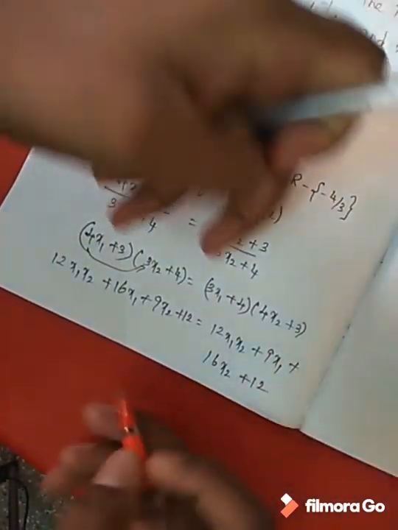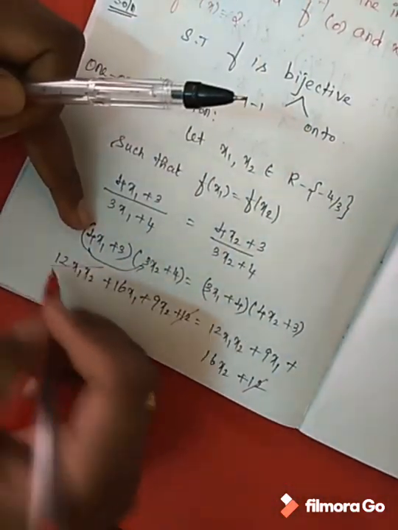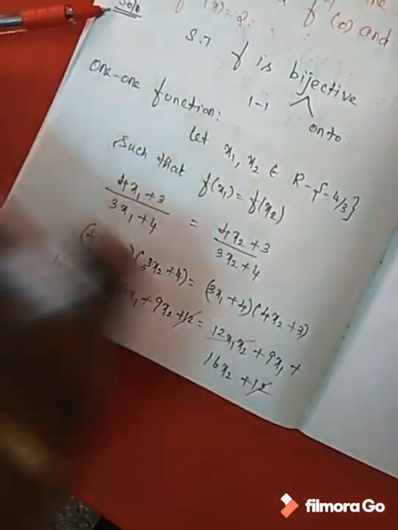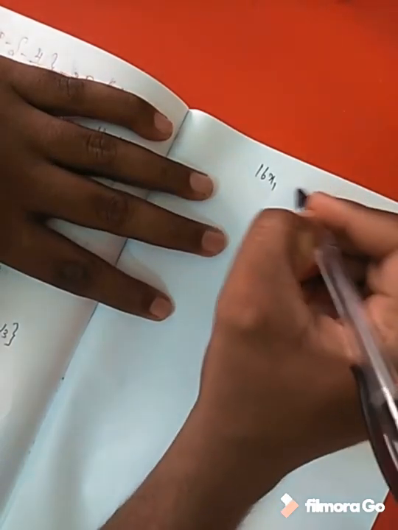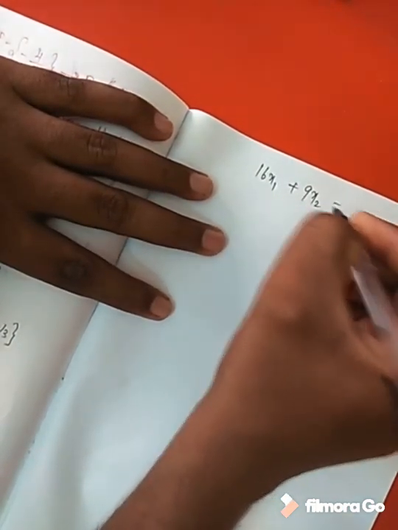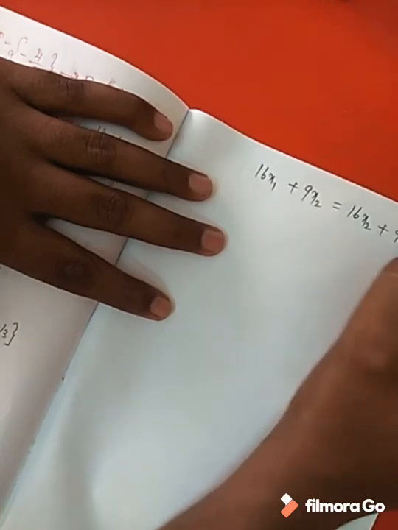Okay, we can cancel the like terms, 12 and 12, and 12x1x2 from the left hand side and right hand side. Next I can write 16x1 plus 9x2 is equal to 16x2 plus 9x1.